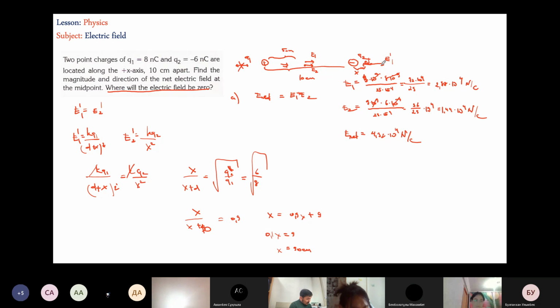In this lesson, we learned about electric field. The formula of electric field is E equals K times Q over D squared. The unit of electric field is Newton over Coulomb, and electric field is a vector.